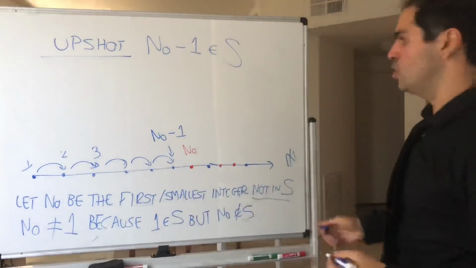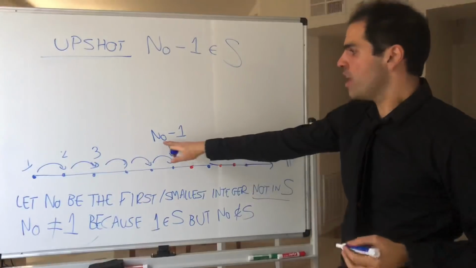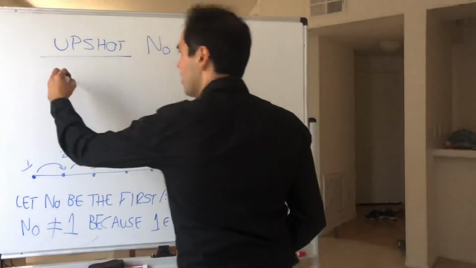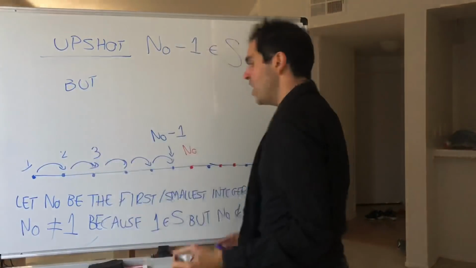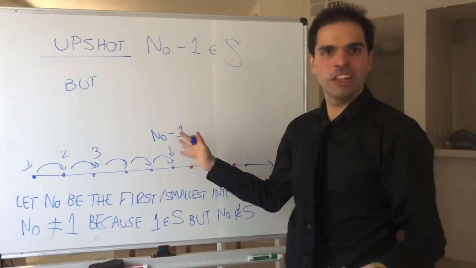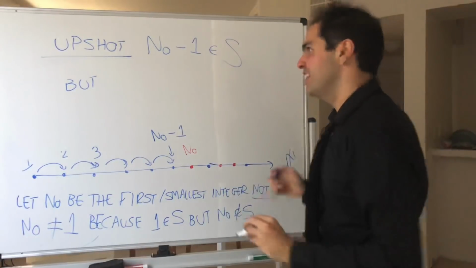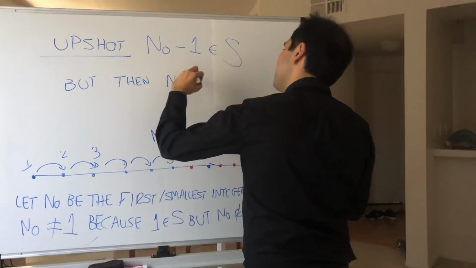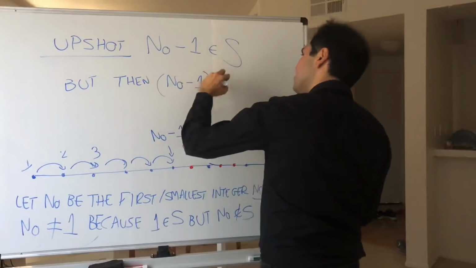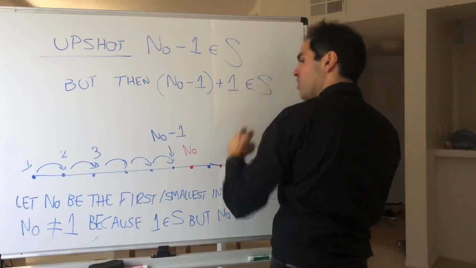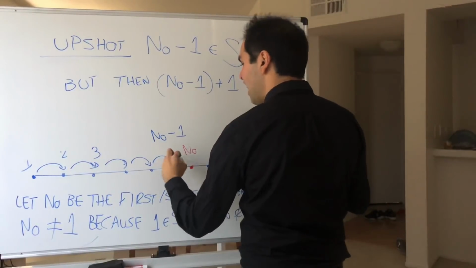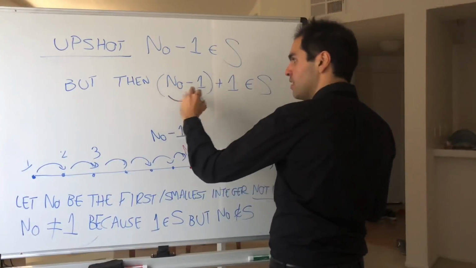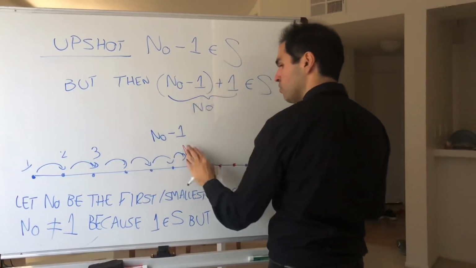Okay, but then what do we have? That's quite interesting. We have N naught minus 1 is an element in S. But remember, whenever you take a successor of an element in S, you still get an element in S. So if you take N naught minus 1 plus 1, that's in S. So if you add 1 to this element, it's a new element in S, but that's nothing other than N naught.